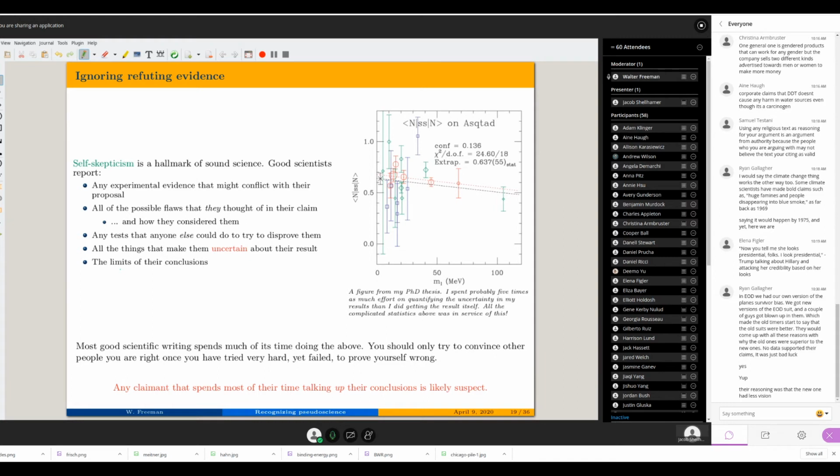The next thing I want to pivot to is the common fallacy of ignoring refuting evidence. Being skeptical of your own conclusions is a hallmark of science done well. Good scientists have to look for ways that they might be wrong and quantify how uncertain they are about their result. All of this really complicated figure here is me working super hard in my PhD thesis to calculate just how uncertain I am about the result I have gotten.